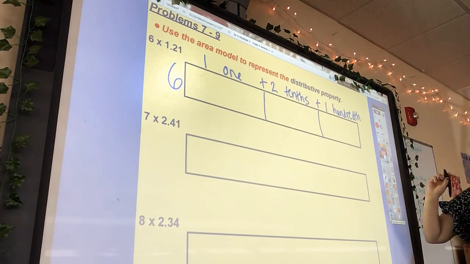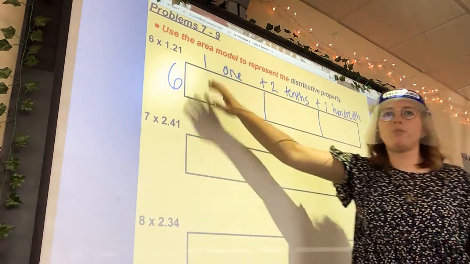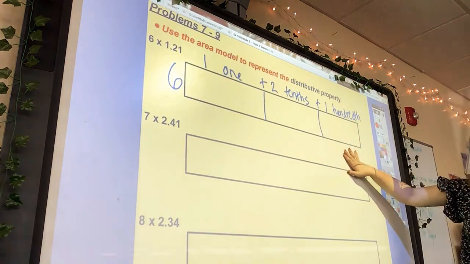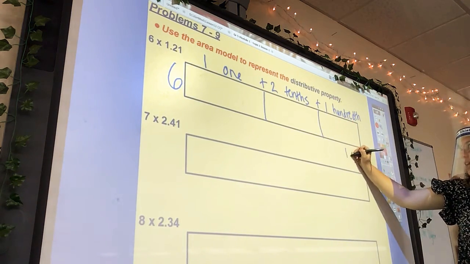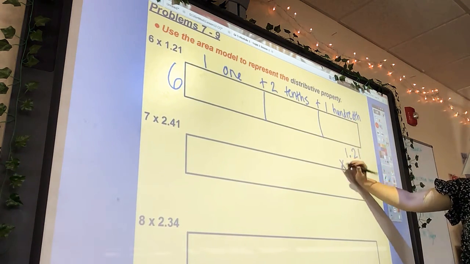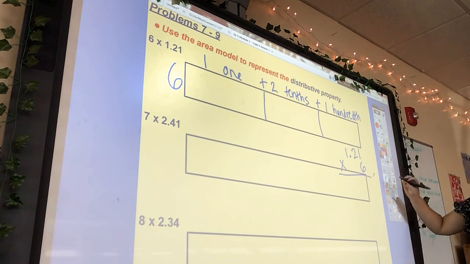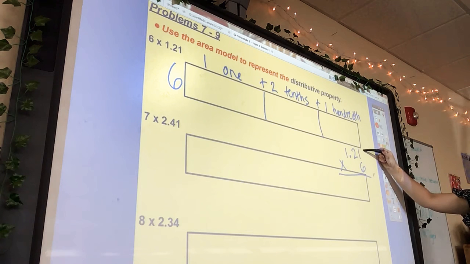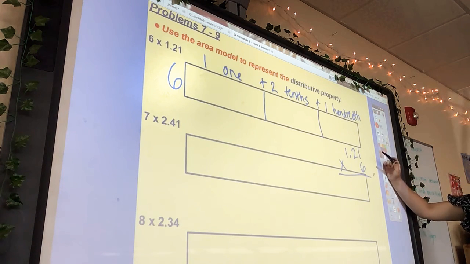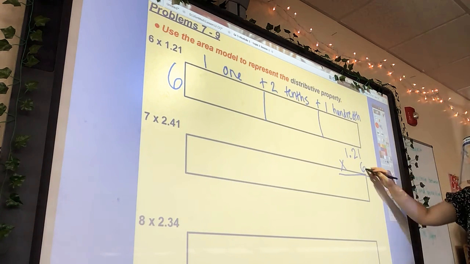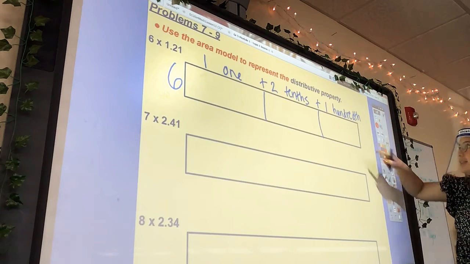So Charlie said, can we start from the right side? I think that actually would make more sense, because if we are thinking of the standard algorithm, this is how we would set it up. We would do 6 times 100th first anyway. So Charlie, that's a great point. I'm glad you brought that up. All right, so let's start on this side then.